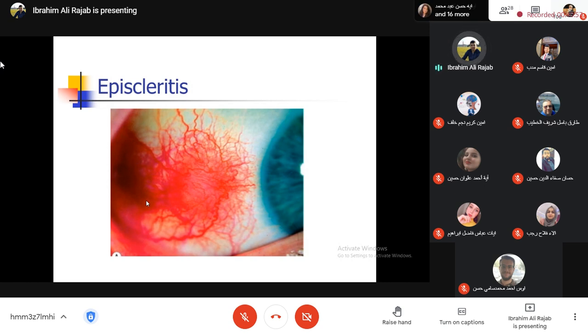For example, the symptoms: episcleritis usually causes minimal discomfort, while scleritis causes severe ocular pain. As for the signs, in episcleritis there is inflammation in the superficial layer, while in scleritis the congestion of the blood vessels is in the deeper layer of the sclera.